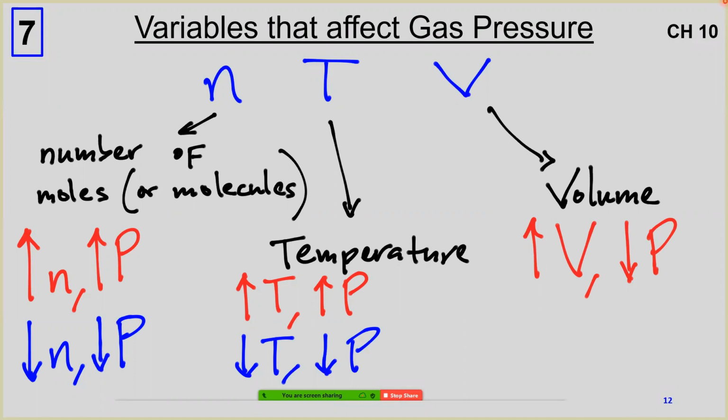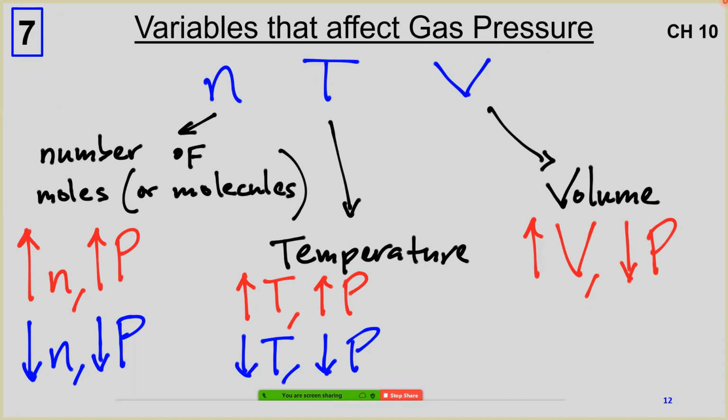If you were to increase the volume, you're expanding the volume, the molecules inside the container will have more space to roam around, right? They have more space, and that would result in less collisions, right? It would take them longer to hit the walls of the container because they have to travel farther away, right? If you were to increase the volume or the size of the container.